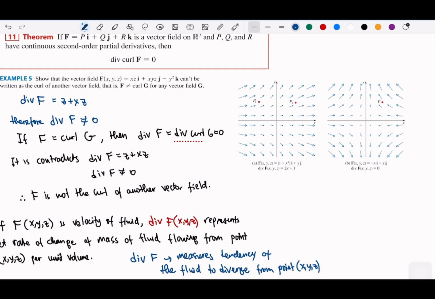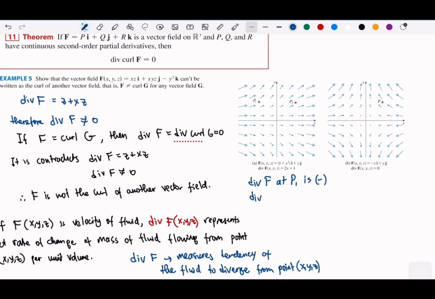Because the shorter one is near P1, this could be a negative value. So div F at P1 is negative.